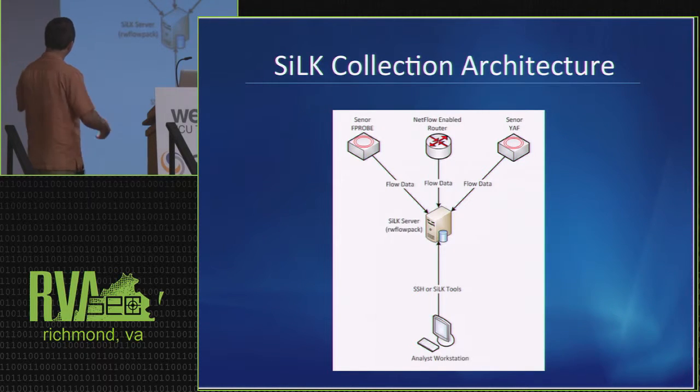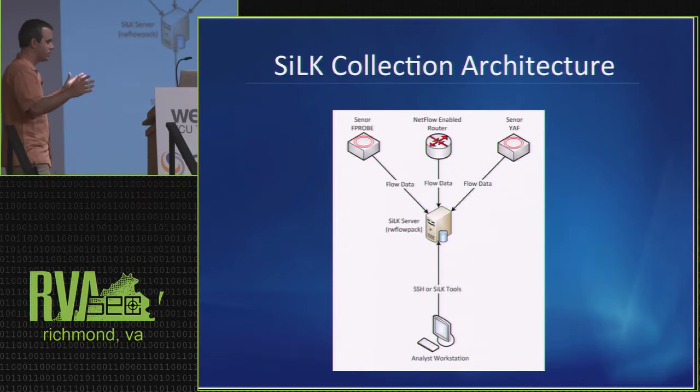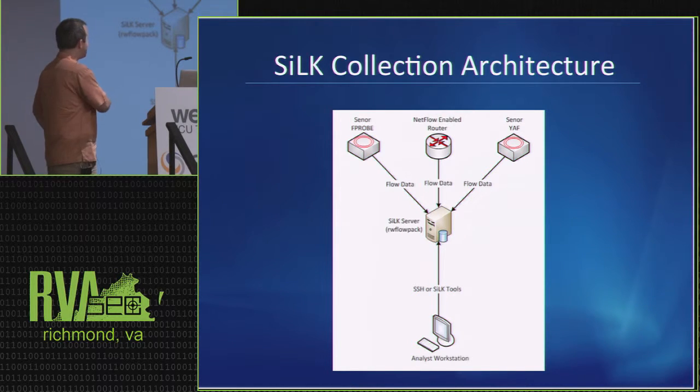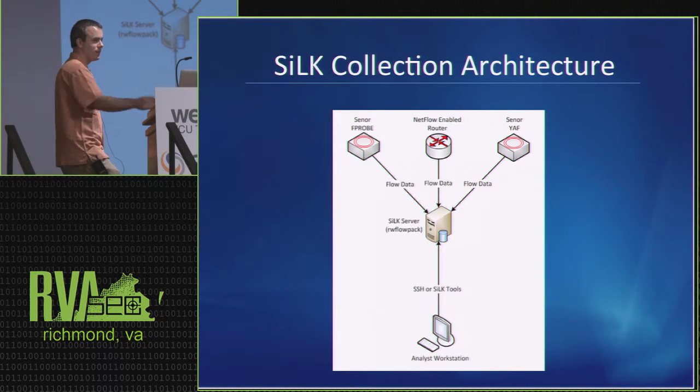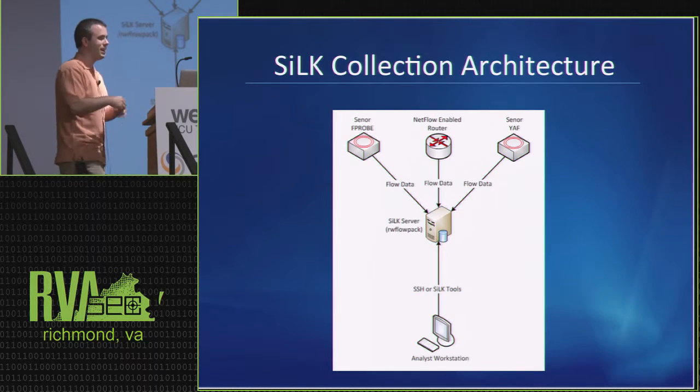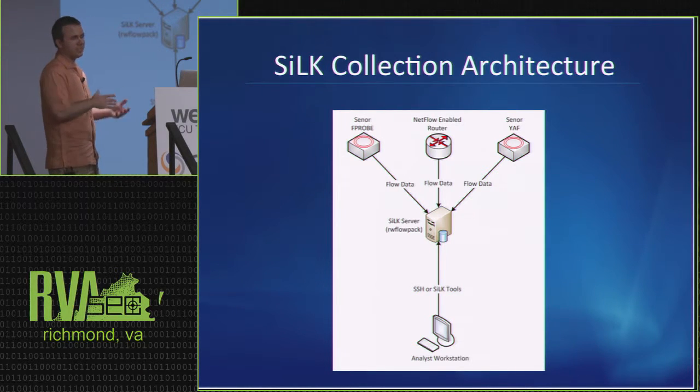It says, oh, well, Cenior fprobe is here, so you can define that as --sensor Cenior fprobe. Or you have the router or YAF or anything that you want. You can add any number of these, and again, rwflowpack can handle quite a bit of data. Then you might have the analyst workstation that has the Silk tools on it that then query that Silk server, or you have them SSH directly to the Silk server, which is not always ideal for obvious reasons.